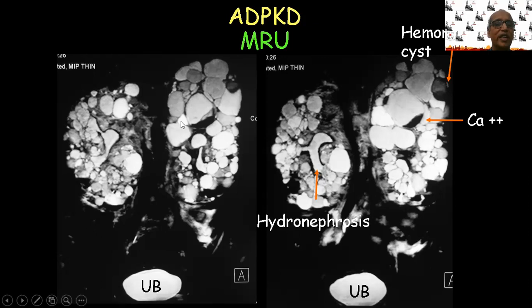There is mild hydronephrosis on the right side, with a dilated pelvis as well as calyces. And there are areas of low intensity suggesting hemorrhage within the cyst, and also areas of calcification. So whenever you have a patient with ADPKD presenting with flank pain, you want to rule out obstruction, infection, and acute cyst hemorrhage. If ultrasound is not showing up, MR would be the next modality of choice.